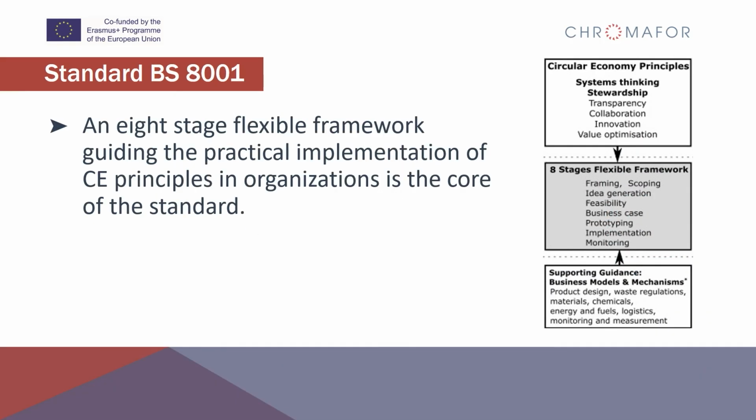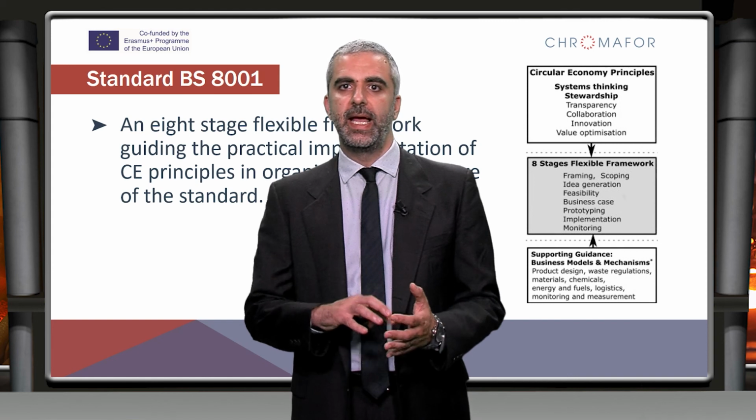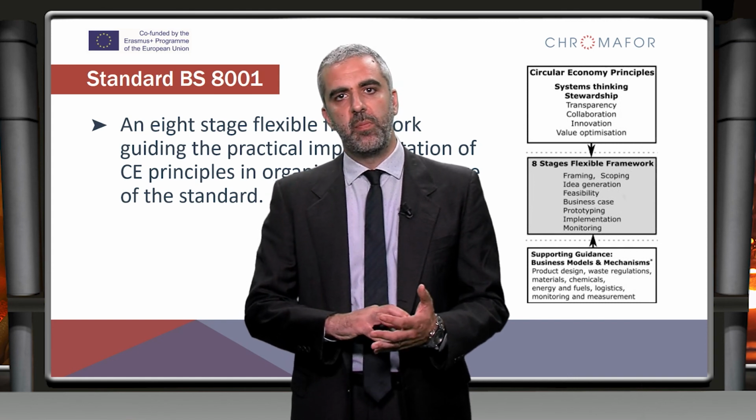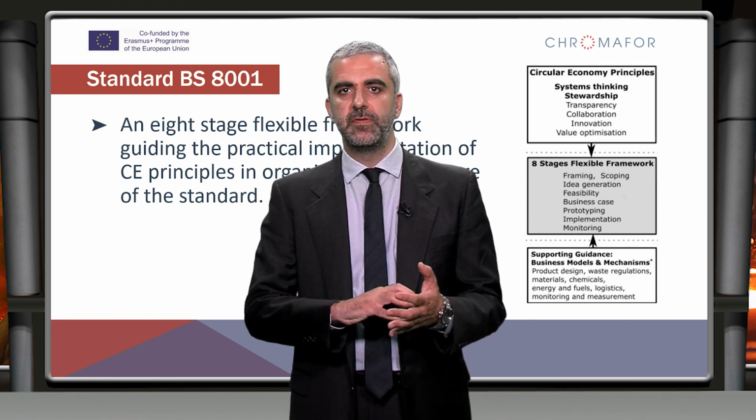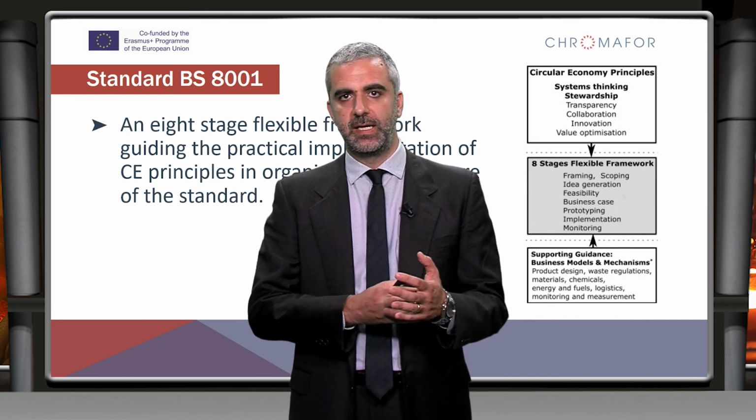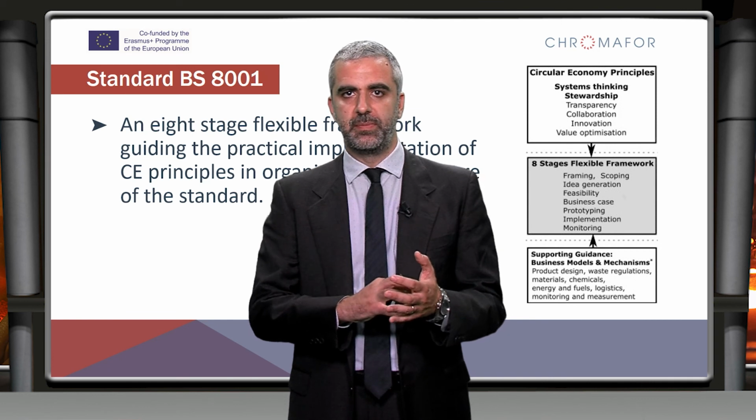An 8-stage flexible framework guiding the practical implementation of the circular economy principles in organizations is the core of the standard. So, the standard defines a framework including 8 stages, 8 steps that the company has to implement in order to improve the level of circularity and the 6 principles.